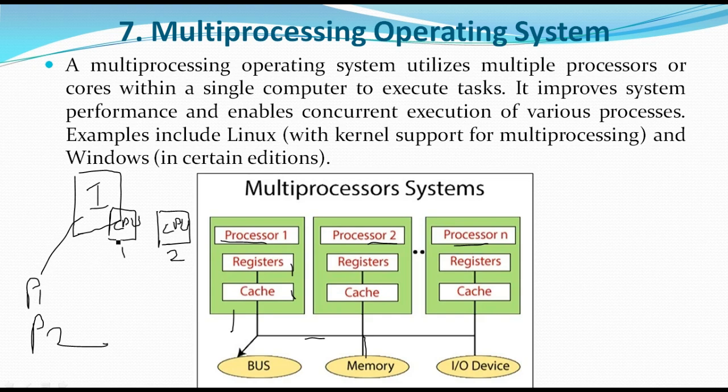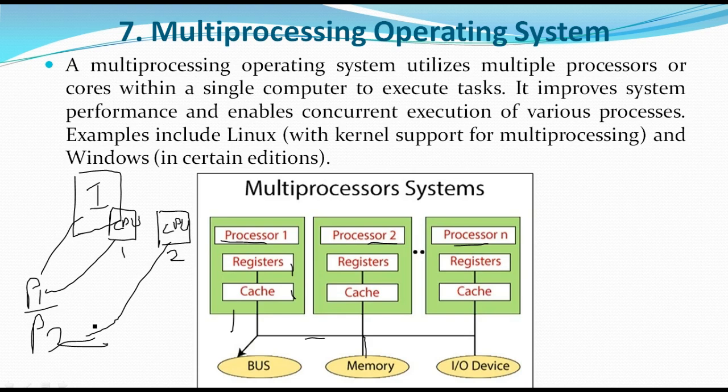Okay, the eighth and final type of operating system is the mobile operating system. This mobile operating system gives power to smartphones, because nowadays everybody has a smartphone and is using the Android operating system, either Android or iOS.